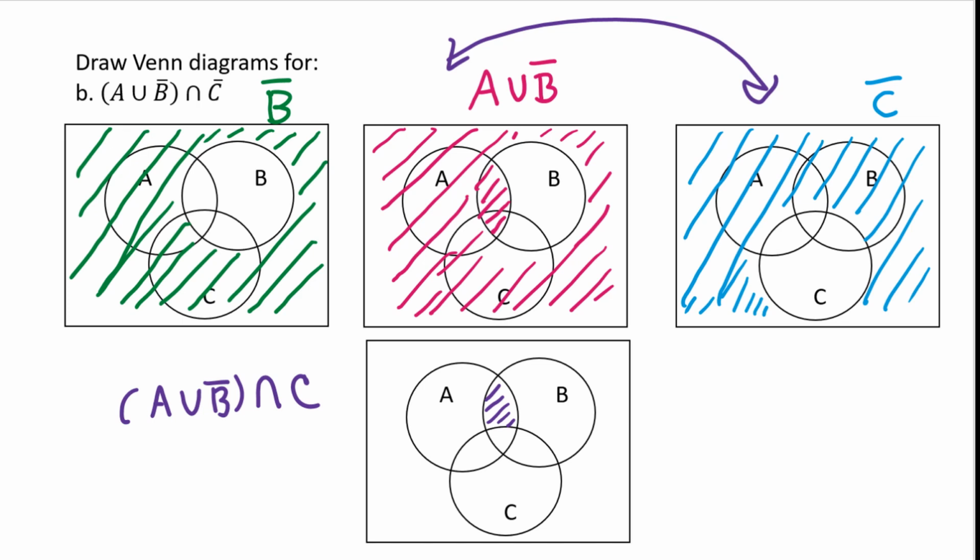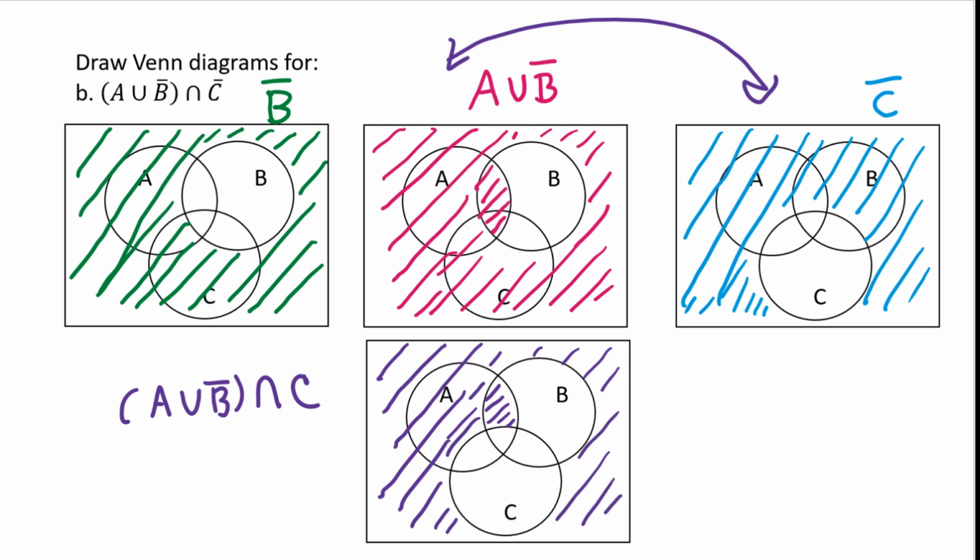Parts of C in entirety are not shaded, same for the B. So the remaining parts where there is pink and blue together, trying to shade it, and so we get to see which part is not shaded, and this is the final Venn diagram.